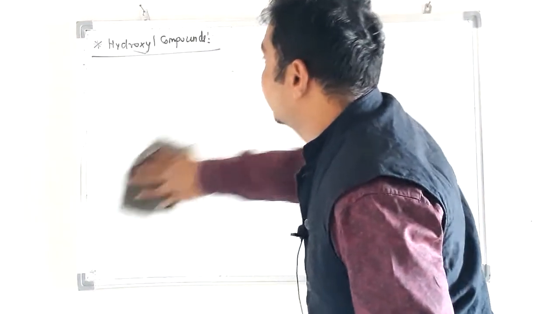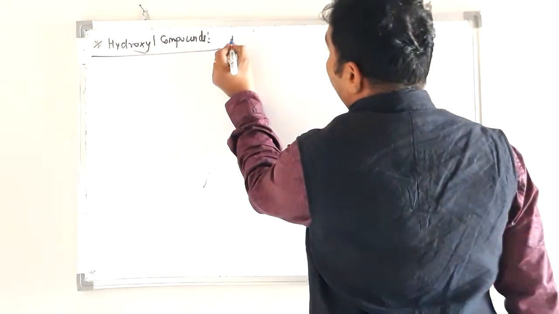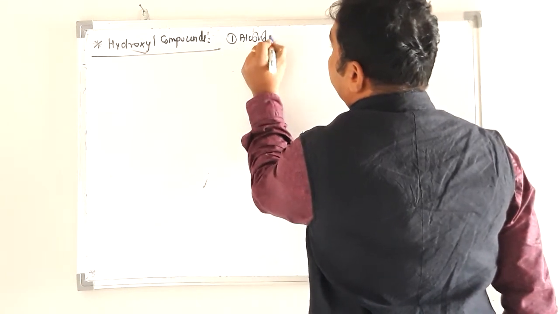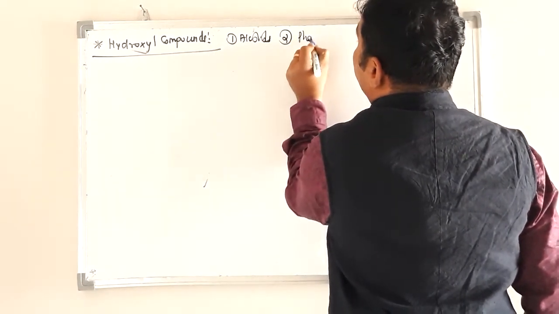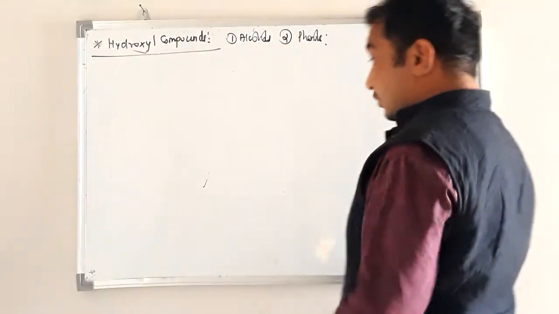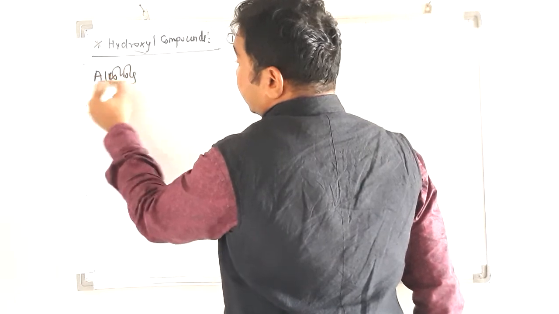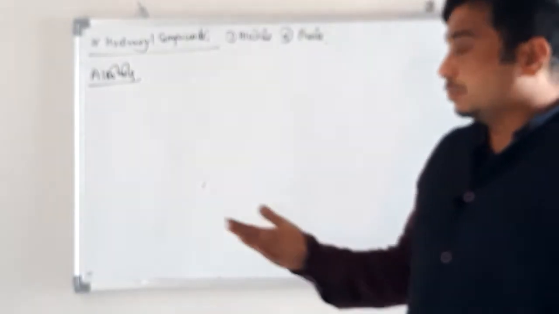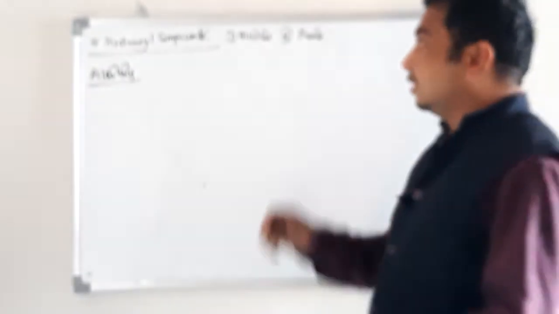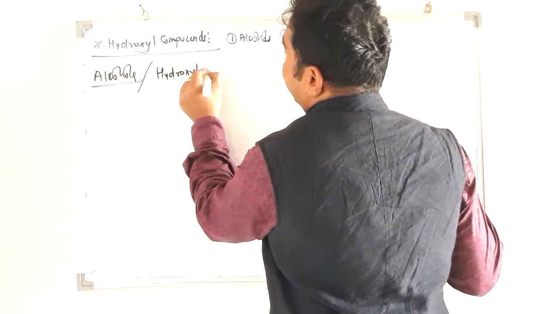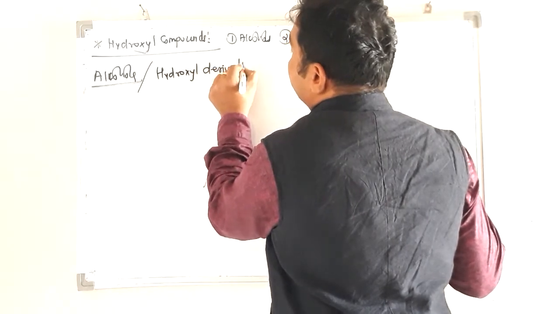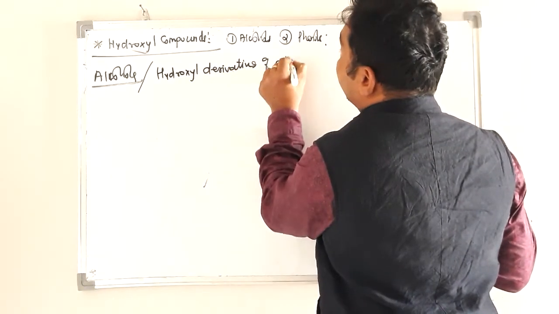So hydroxyl compounds are of 2 types. One is alcohol and the second one is phenols. Now, first, alcohols. What are alcohols? Same thing, just like the halogen derivative of alkane, here alcohols are known as hydroxyl derivatives of alkane.